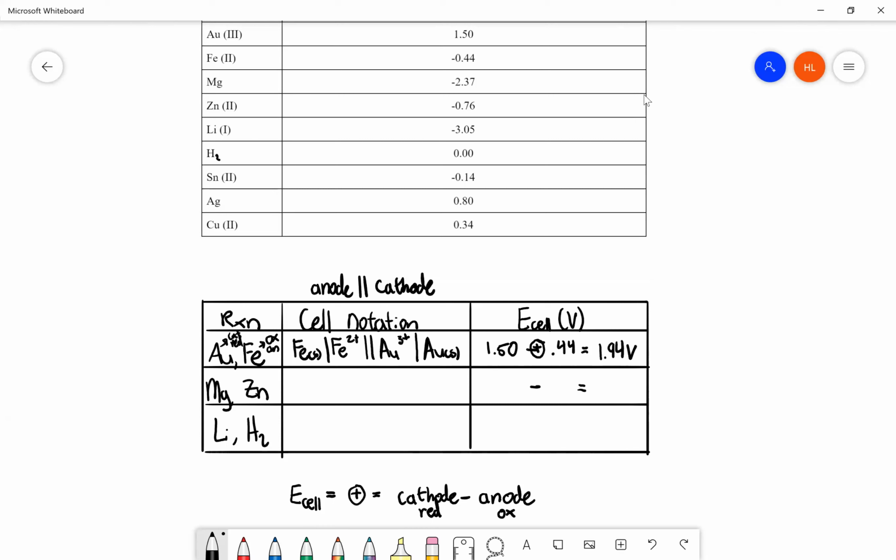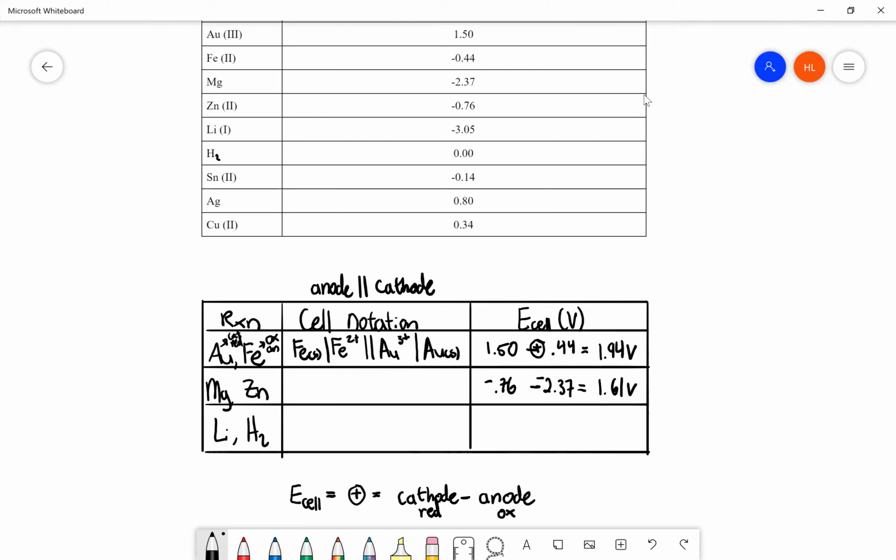In this case, you want to put the more negative number as the anode so that it can be crossed out and we create a positive number for this E of cell. So we'd put -2 as our anode and -0.76 as our cathode, and we will get 1.61 volts.